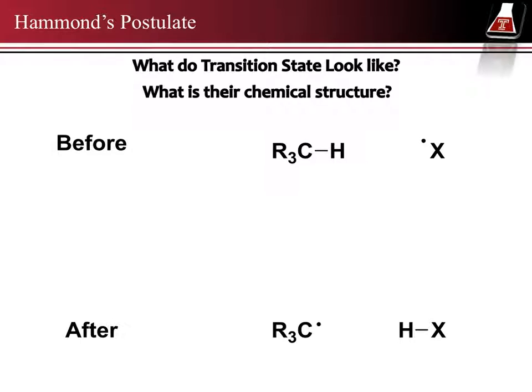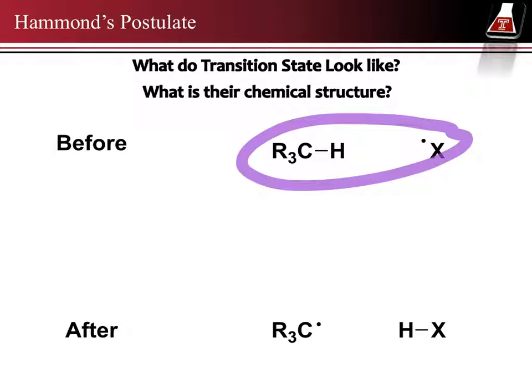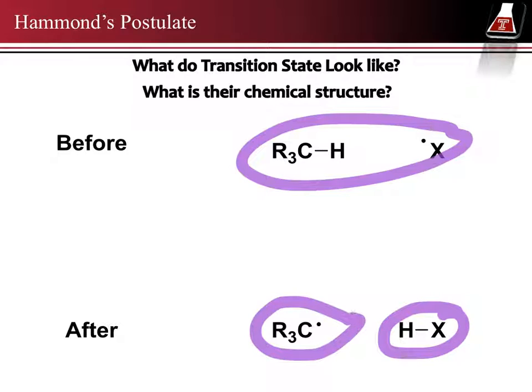So here is our before and after picture of starting materials and products, but it's really starting intermediate and ending intermediate. To start off with, we have a halogen radical and our neutral covalent hydrocarbon structure, and after we have our HX and a new radical, a new intermediate, that is a carbon radical.